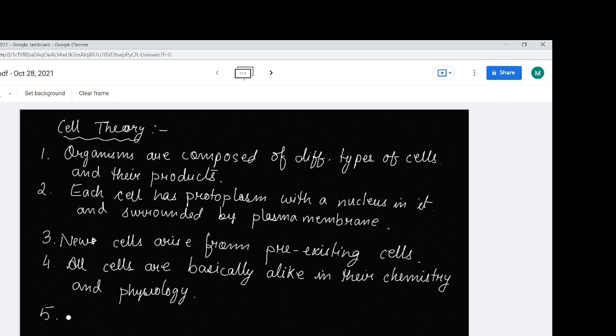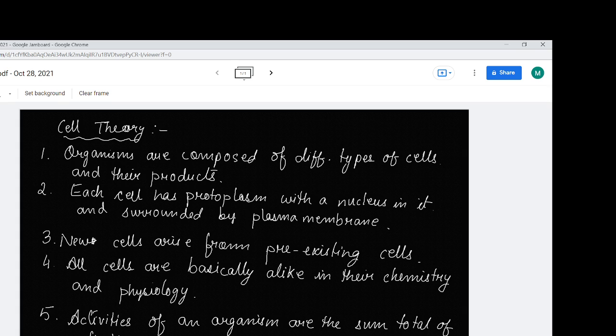Then there is one more point, that the activities of an organism are the sum total of activities and interactions of cells.